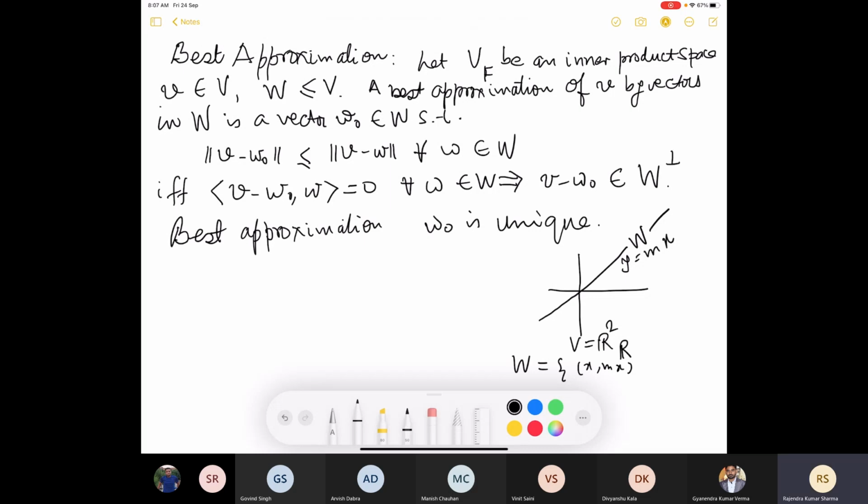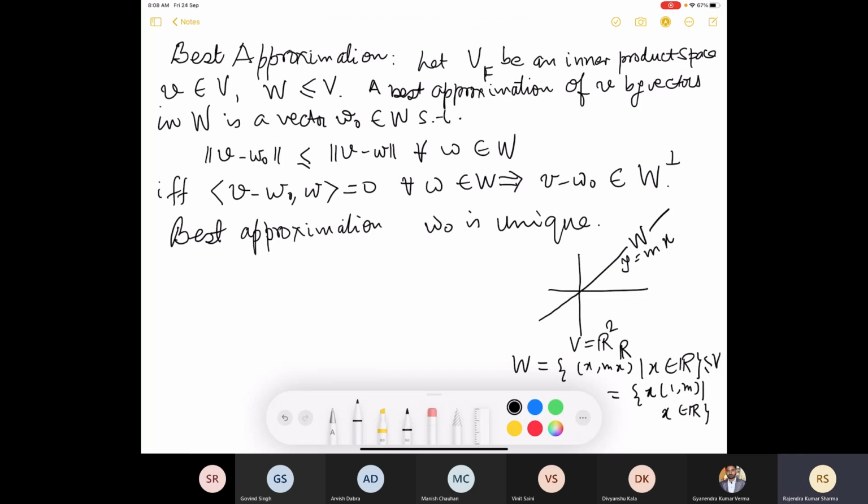For a fixed m, you can take x in R. You can see that this is a subspace of V. Say for example, when m is 1, then this is y is equal to x.